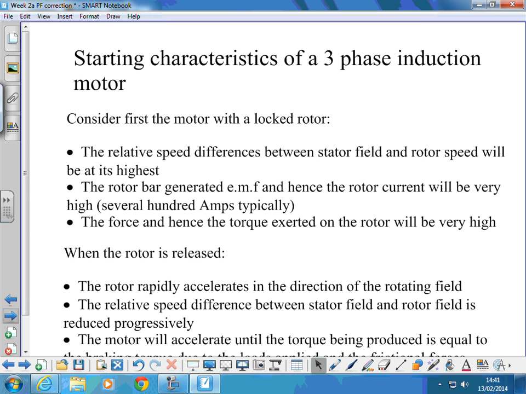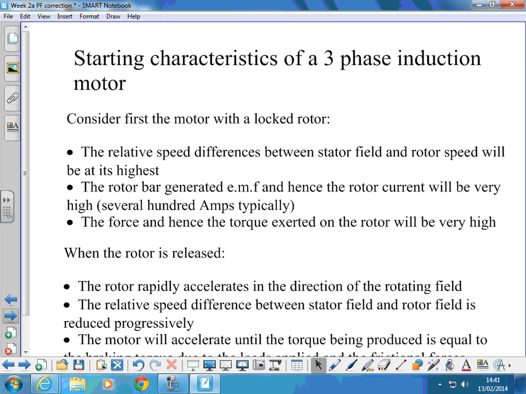Starting characteristics of a 3-phase induction motor. If we consider first the motor with a locked rotor, so we lock the rotor up so it can't turn, which is not a good idea. Please don't try it, because it won't last very long. The relative speed difference between stator field and rotor speed will be as high as it possibly can.